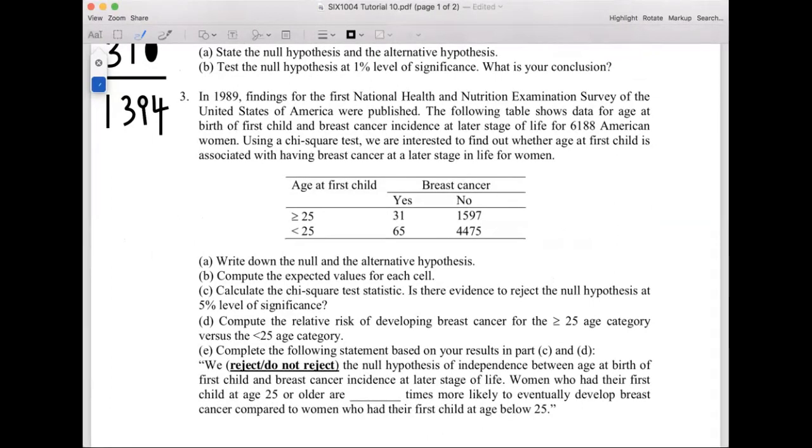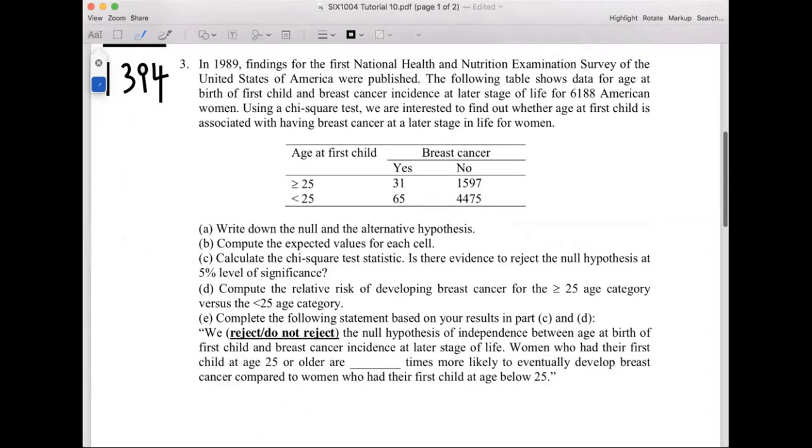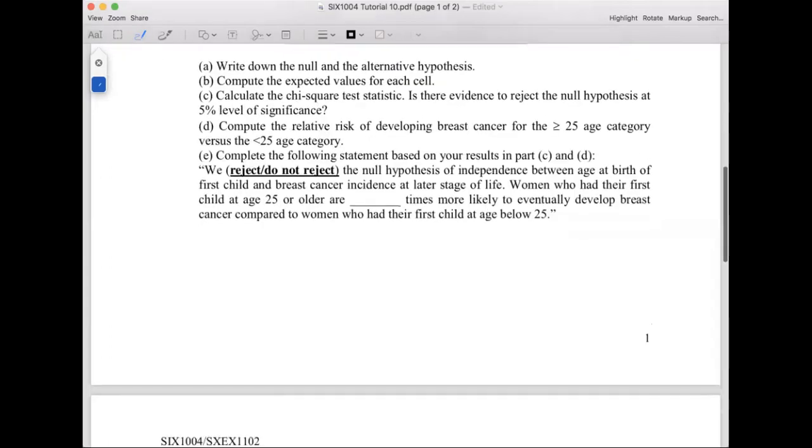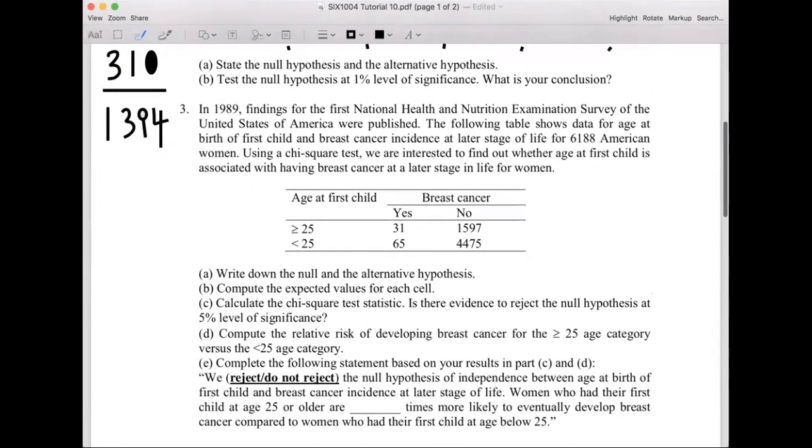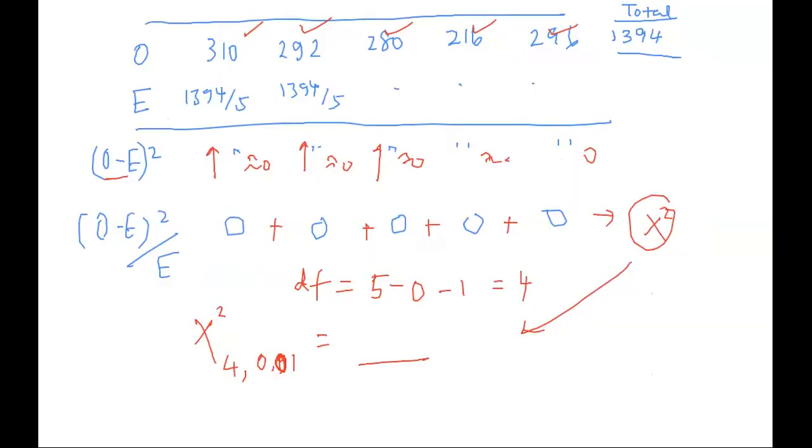Question 3. Okay, so let's look at question 3.